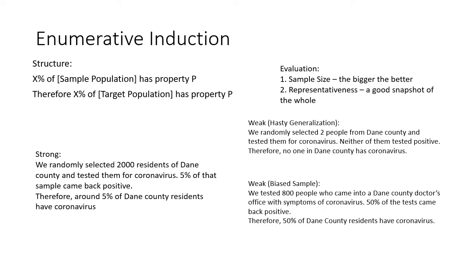That's a pretty biased sample. Again, you're only testing people with symptoms, and so you have good reason to think that that is going to be much higher than the total population. So inferring that 50% of the total population has the virus is probably pretty weak based on this data.